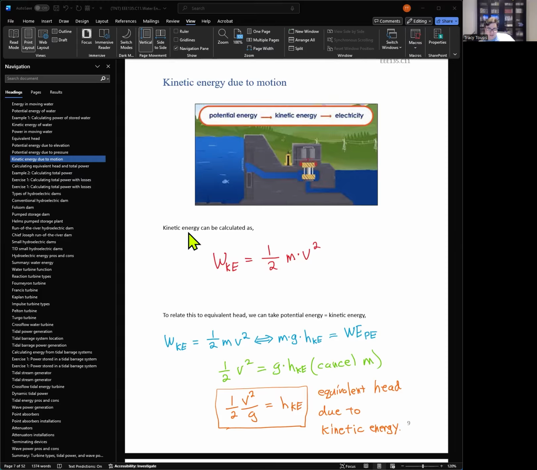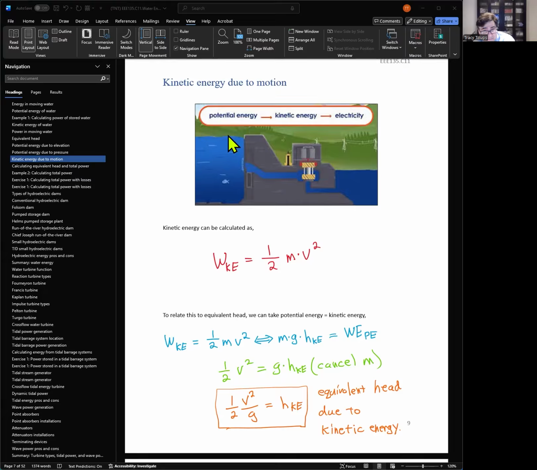Now, we need to get an equivalent head distance from kinetic energy. We could do a little math, little tricks. On the left-hand side, we have kinetic energy, 1/2 mv squared. We know any amount of potential energy here can and will be transferred to kinetic energy. So in essence, kinetic energy and potential energy are the same.